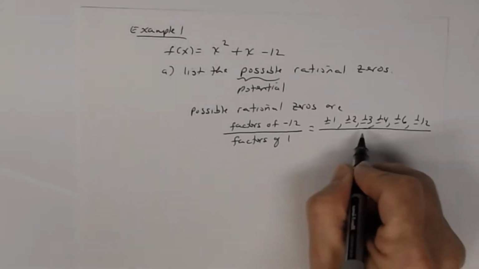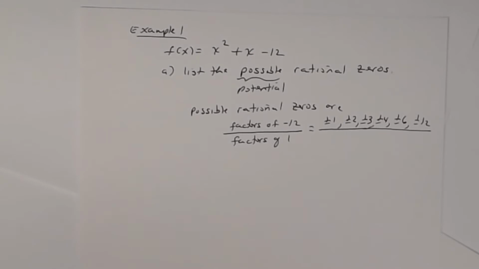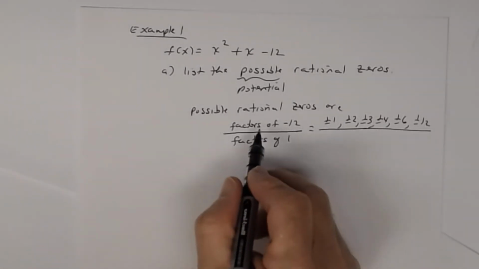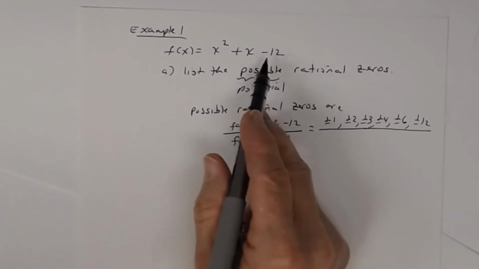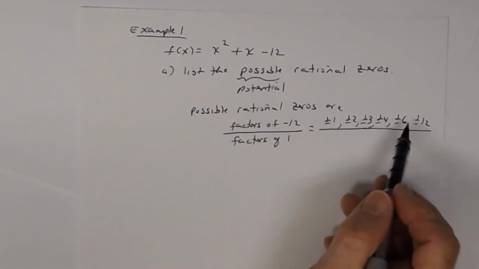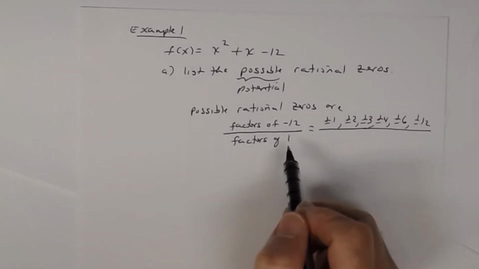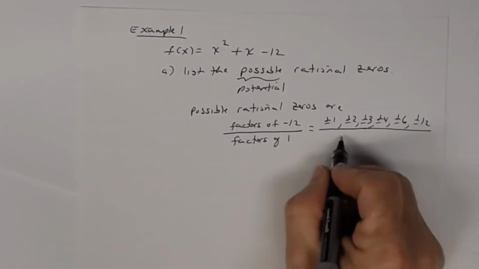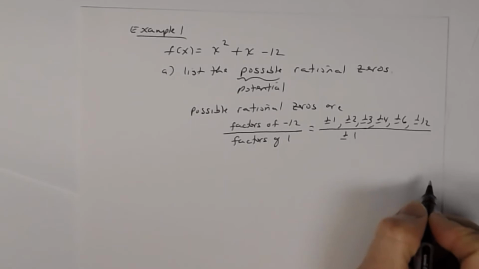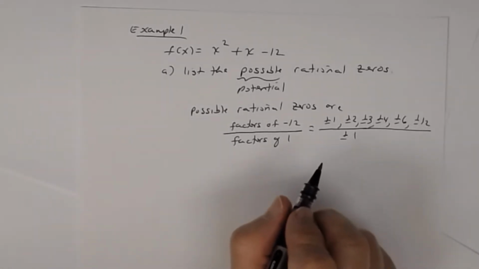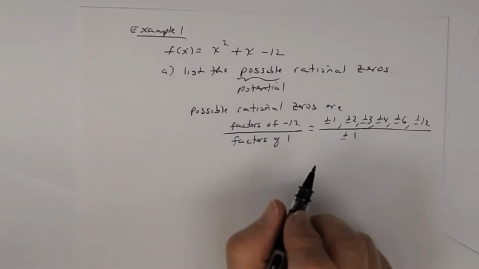So those are the factors of negative 12. Whether it's positive 12 or negative 12, it's still the same. If this was a positive 12, you would still list the same thing that we have here. And the only two factors of 1 are plus or minus 1. That's it.